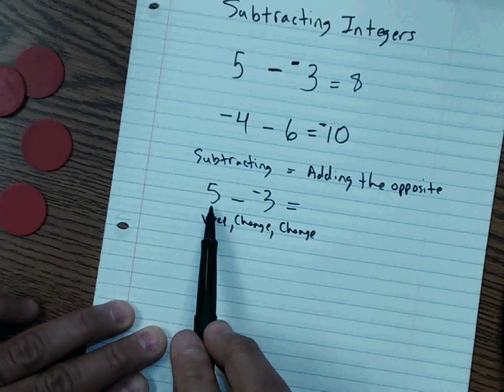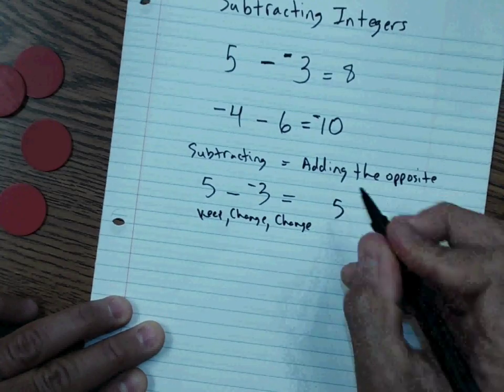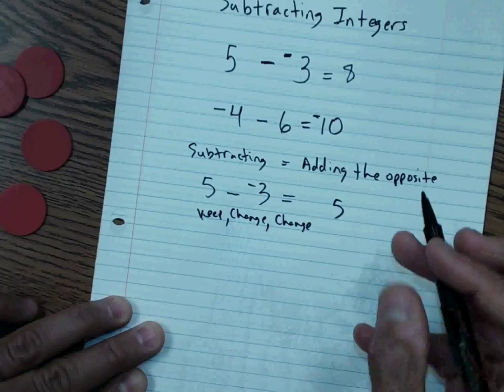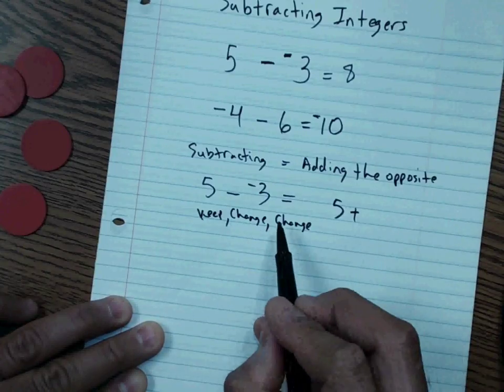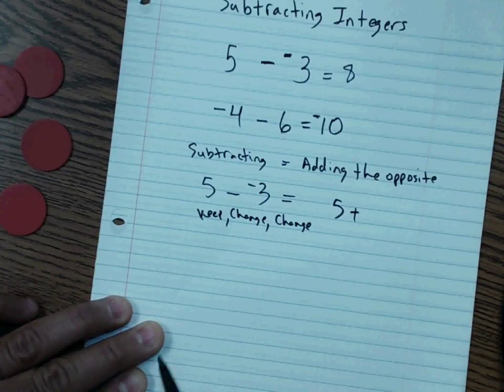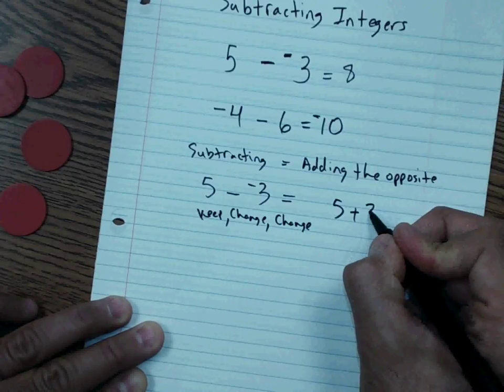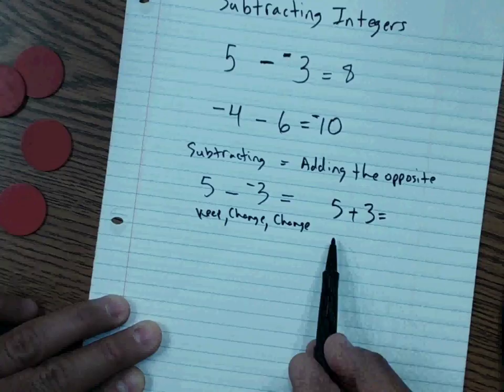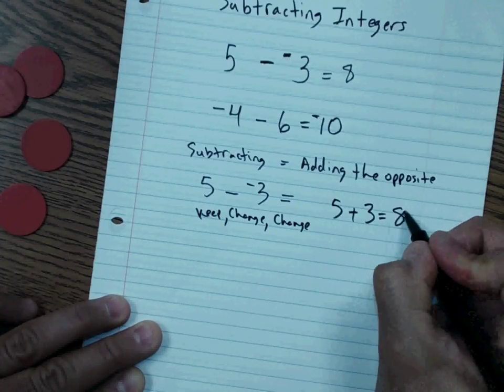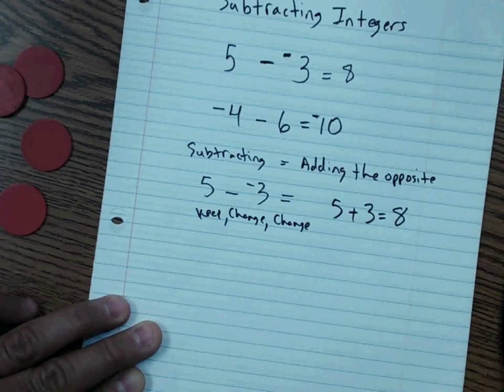So I'm going to keep the first number as 5. I'm going to change my subtracting symbol to adding. And I'm going to change my negative 3 to its opposite. So the opposite of any negative number is going to be its positive. And if you think about it, 5 plus 3, that's going to get us 8, and it's the same answer we had from the example earlier.